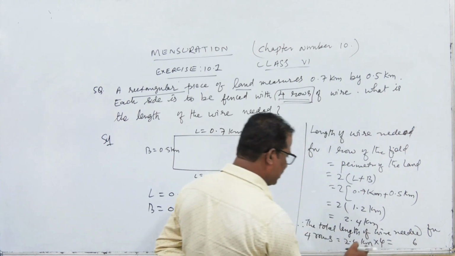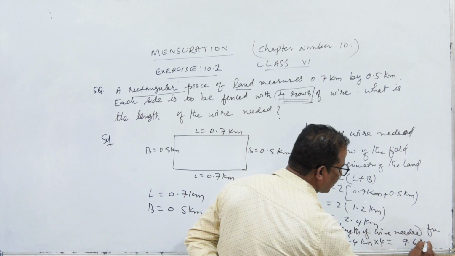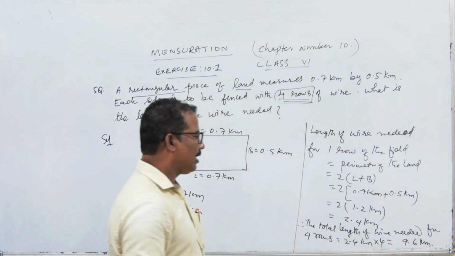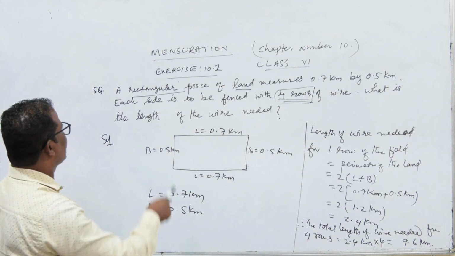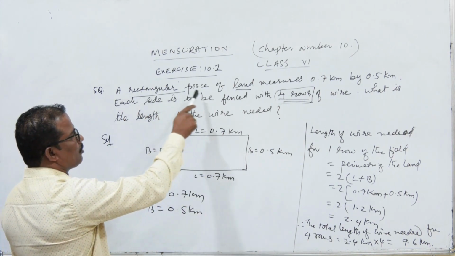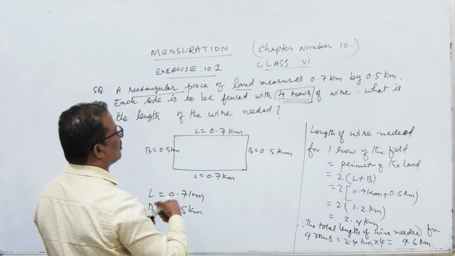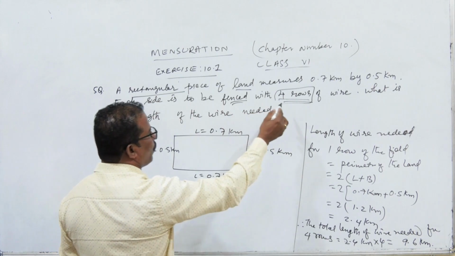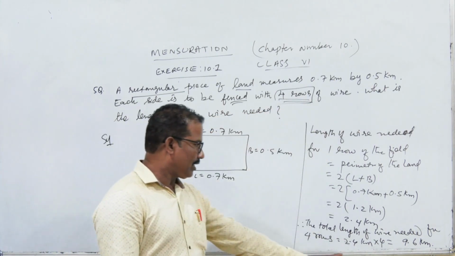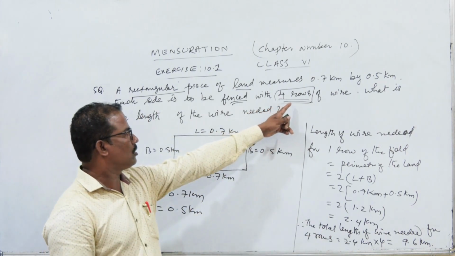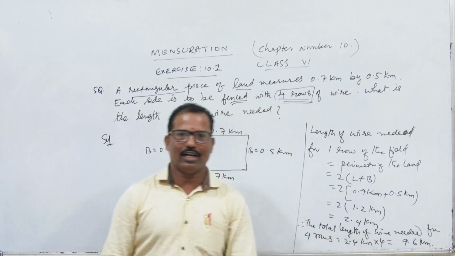So 4 fours are 16, one remaining, 4 eights 32, 9. That is 9.6 kilometer. So this much length of the wire is needed for fencing this field, because in this question it is given that a rectangular piece of land measures this and this. Each side is to be fenced, so make a railing here with 4 rows of wire. So what is the length of the wire needed? So the total length of the wire needed for fencing 4 rows of this piece of land is equal to how much?